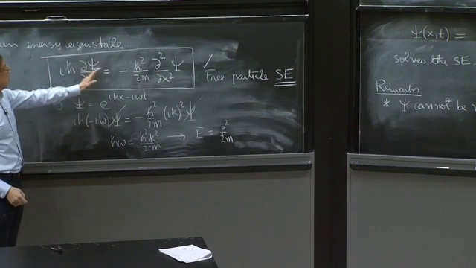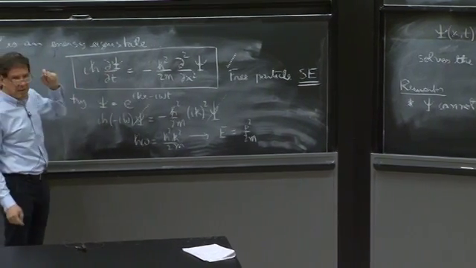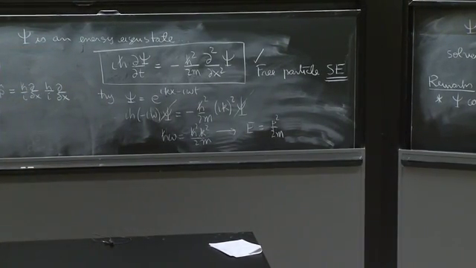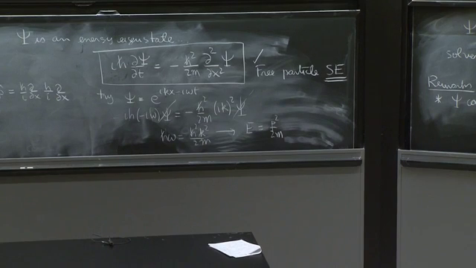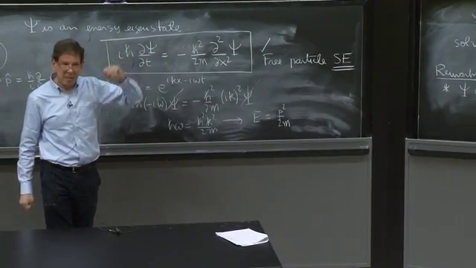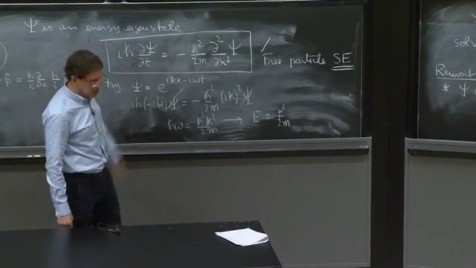This derivative would be real because the derivative of a real function is a real function. And here you have an imaginary number. So structurally, it is forbidden to have full wave functions that are real. I call these full wave functions because we'll talk sometime later about time-independent wave functions. But the full wave function cannot be real.